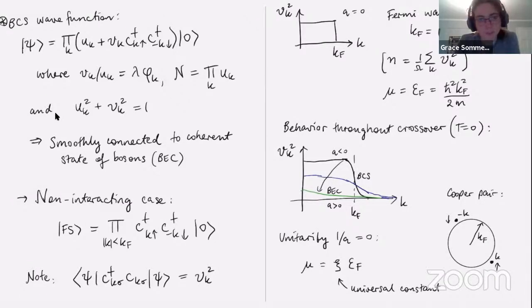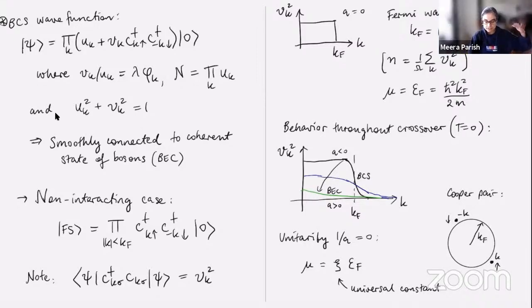But will the crossover between BEC and BCS also become a phase transition? Okay, I guess you can think of it that way, because the critical temperature for the finite temperature phase transition will depend on the interactions.